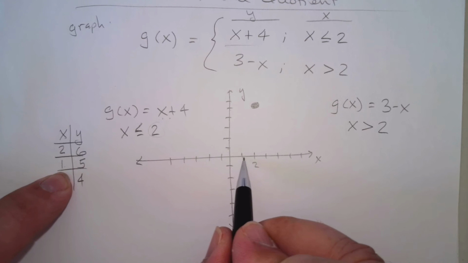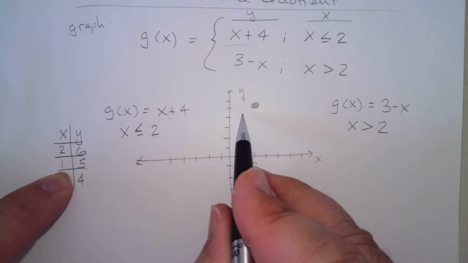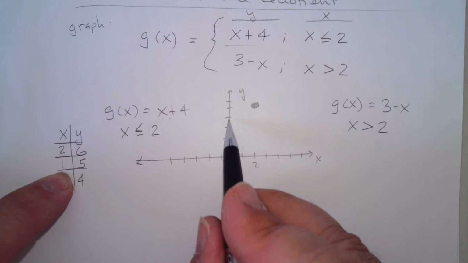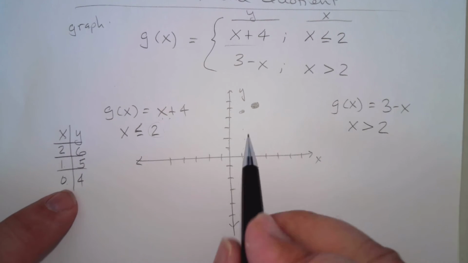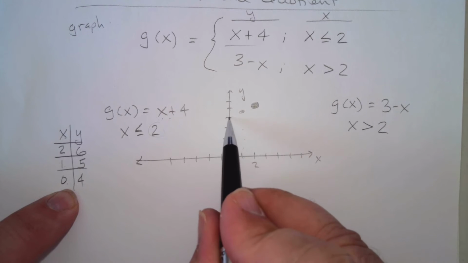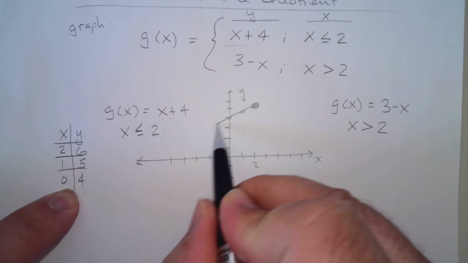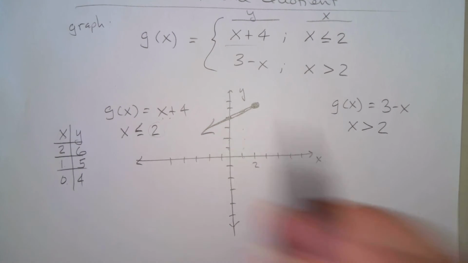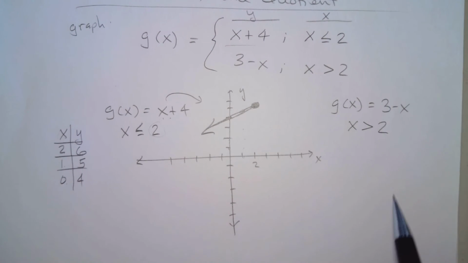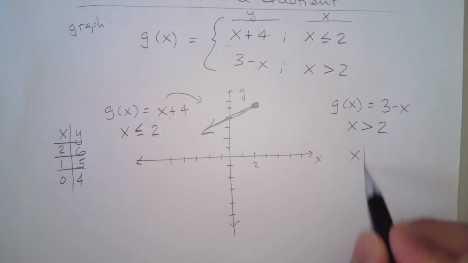At 1, 5, I have another dot. And at 0, 4. So it's a straight line. It goes that way forever. That's the first graph.